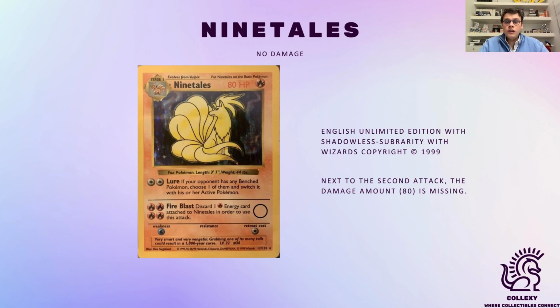However, in the unlimited shadowless print with Wizards of the Coast copyright of 1999, the amount of the damage, which is 80, was for some reason due to a design error not included on the shadowless variants or on some of the shadowless variants, which makes this a separate variant that is very similar to the English Unlimited Edition Shadowless with Wizards of the Coast copyright 1999.